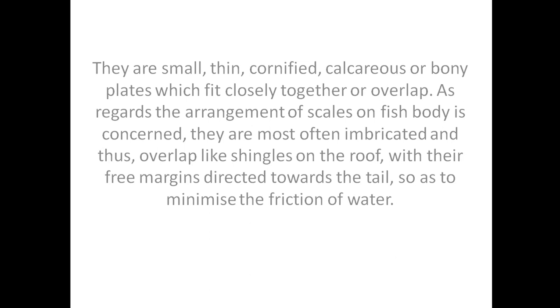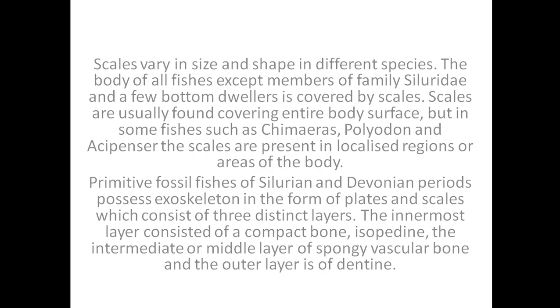Suppose the margins are oppositely directed, instead of facing toward the tail, if they are facing toward the mouth, then while swimming they will offer more resistance and it will be a very costly affair for the fish. So that's why the free margin of every scale is directed toward the tail. These scales vary in size and shape in different species.